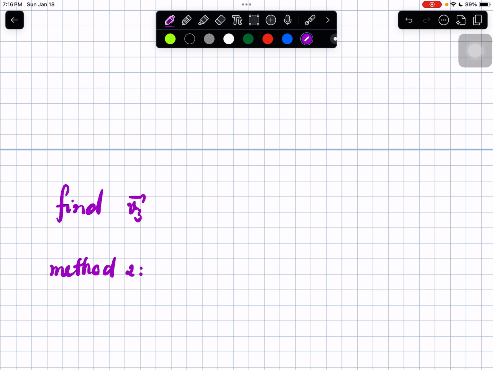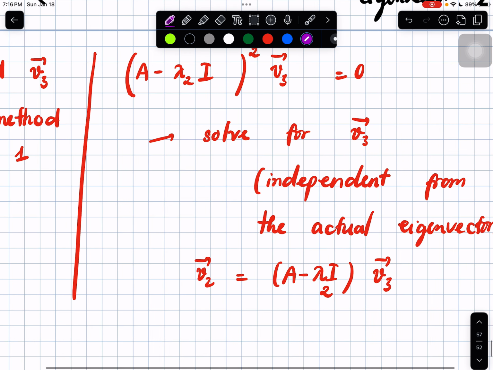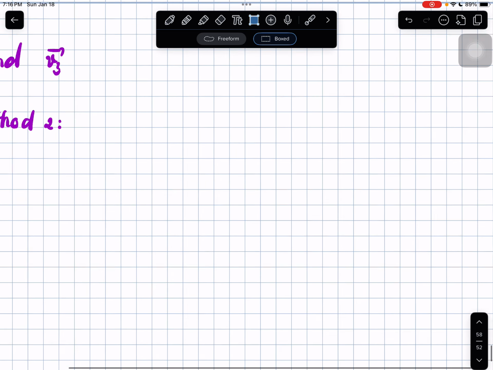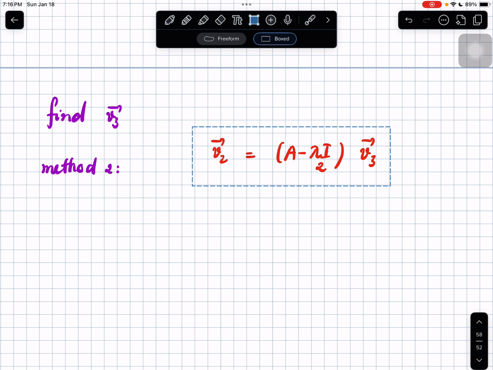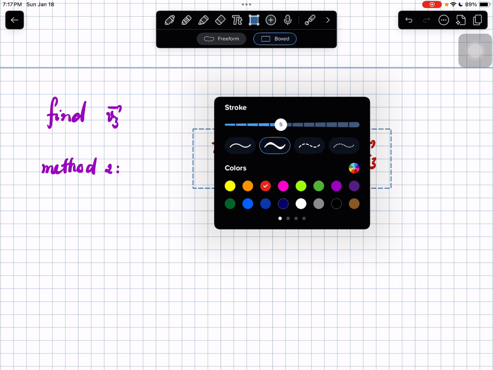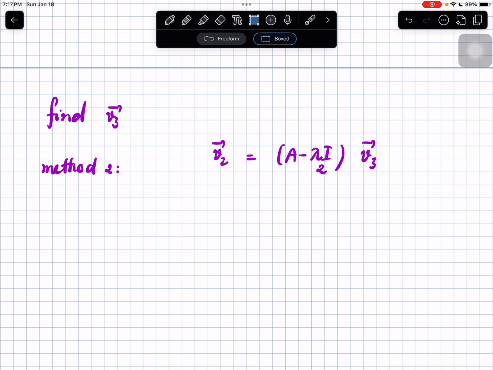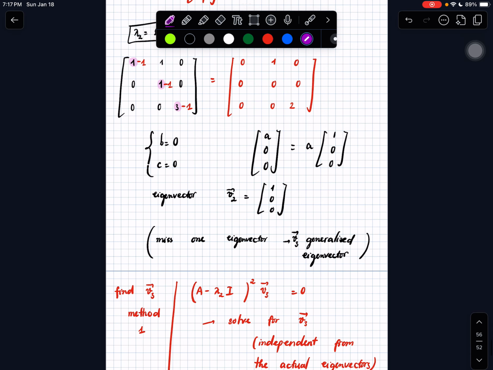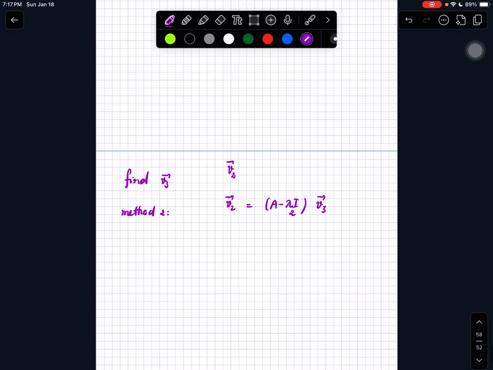We use the relation V2 equal to A minus lambda I times V3. Use this relation. V2 we found that V2 is 1, 0, 0.